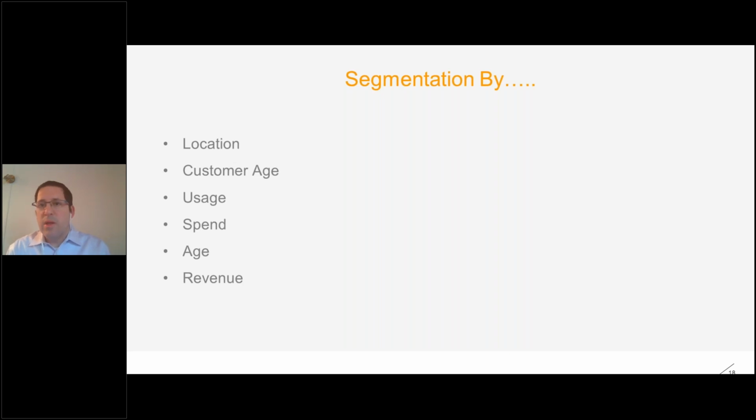You could also have segmented them by usage, in terms of do they use your product a lot or a little, do they use your service a lot or a little. Likewise, fairly obviously, you might have done so by spend, in terms of how much they're spending with you. In terms of the customer age, I meant how long they've been a customer for you.